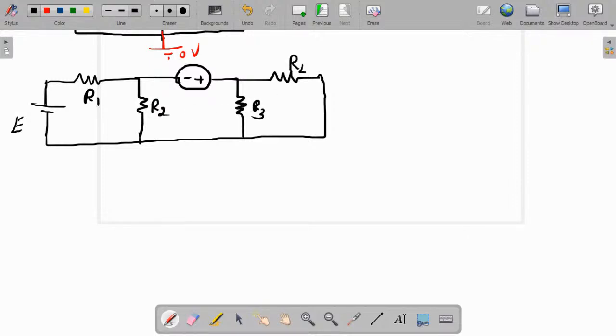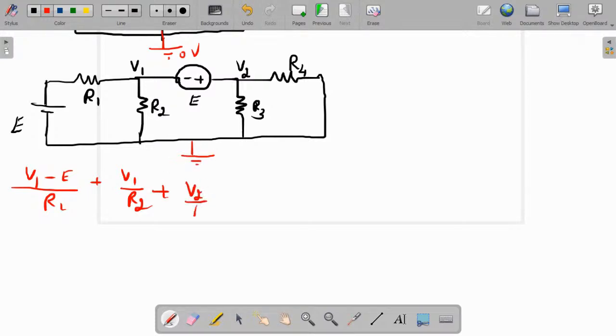Let these resistances be R1, R2, R3, R4, and this is E. This node voltage be V1, this node voltage be V2. Just as in the super mesh we write the outer loop, here also we consider only the outer loop. So V1 minus E by R1 plus V1 by R2, the ground is mostly not given in the question, this is the reference, plus V2 by R3 plus V2 by R4, right?